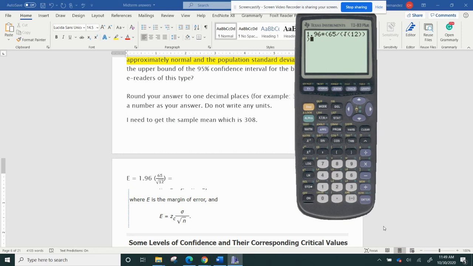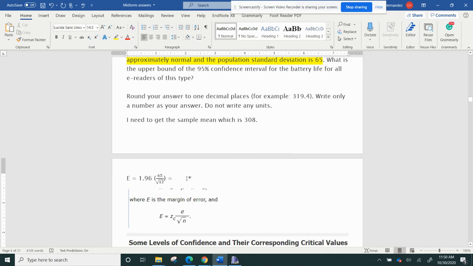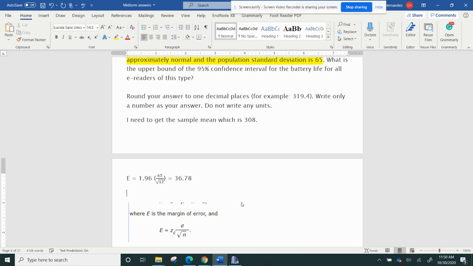Hit enter. So I get 36.77, so I'm going to do 36.78.